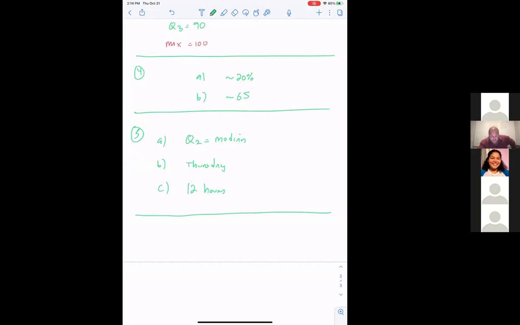That's ballpark. 68%, and I put 67 for the 50th percentile for B. Oh, that's horribly wrong. No, I won't accept that at all. Okay, that's fine, as long as it's close.